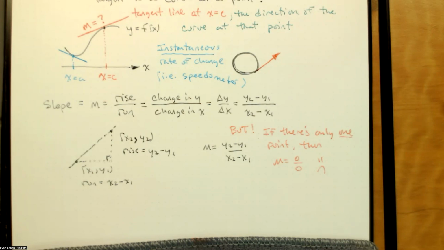So when you're asked what 0 divided by 0 is, you can just say, well, what do you want it to be? So the problem is if there's only one point, which is the problem we're trying to solve, we end up with 0 over 0. So we're going to have to approximate it.